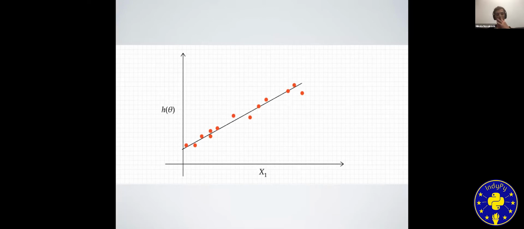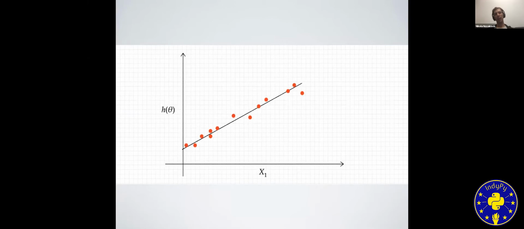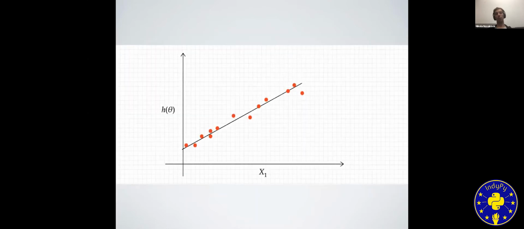And then there's this interesting line, almost a 45-degree line, that's drawn here, and those are actually the thetas. Theta 0 would be the y-intercept, the intercept on the h of theta axis, and the slope of the line would be 0.2.